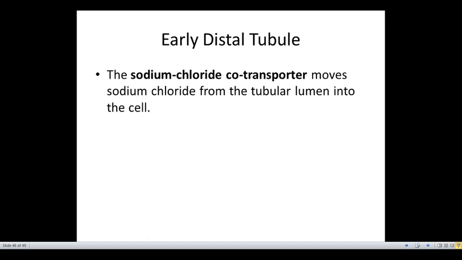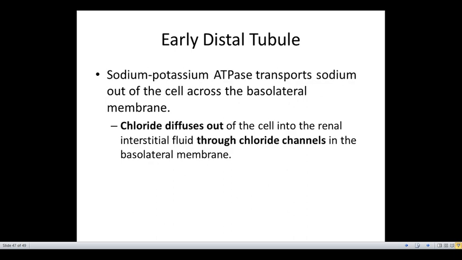In the early distal tubule, the sodium chloride co-transporter moves sodium chloride from the tubular lumen into the renal tubular epithelial cell, and sodium potassium ATPase pump transports sodium out of the cell across the basolateral membrane.